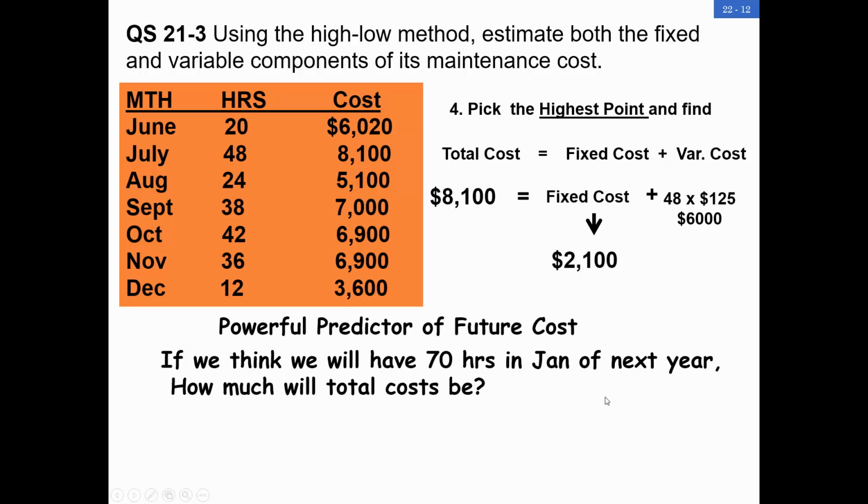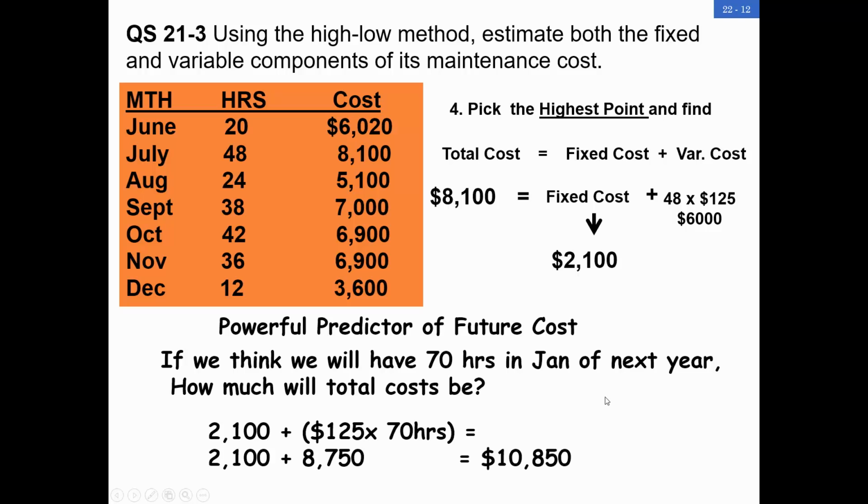So 70 hours total means we would have our $2,100 fixed dollars, because that's what our fixed costs are in this example, and $125 per variable hour times 70 hours, which is $8,750, and the two together would be the total cost we would expect to incur for maintenance if we think we're going to have 70 hours of maintenance in January. So it'd be $10,850.